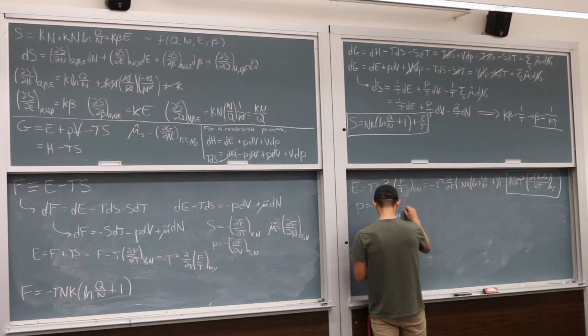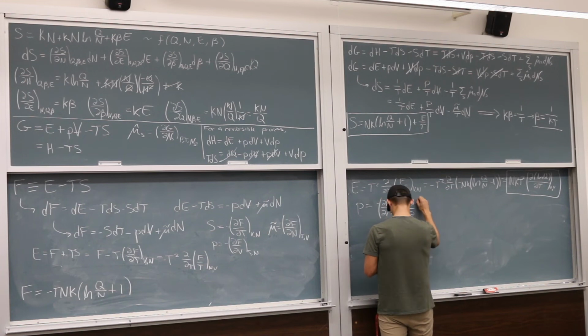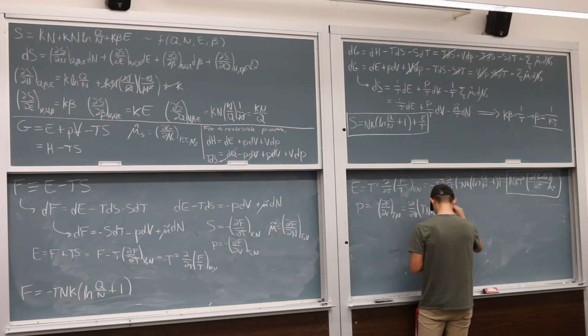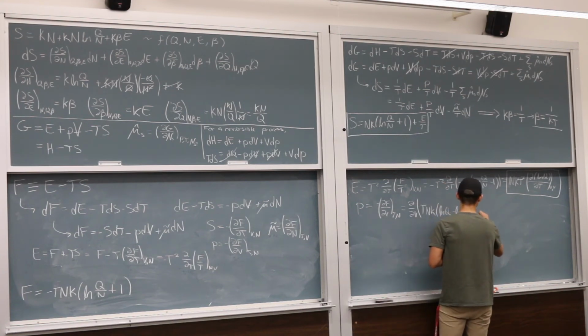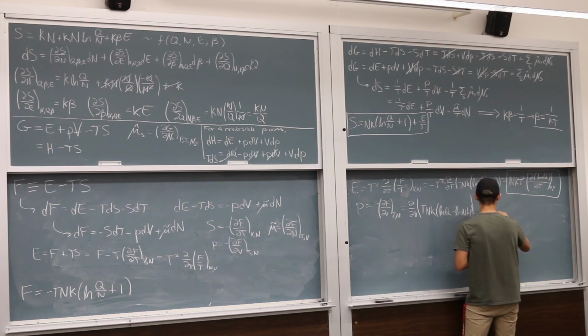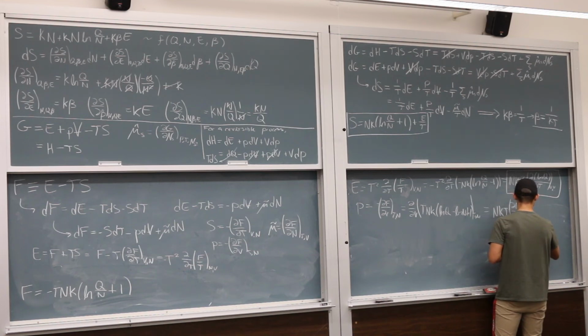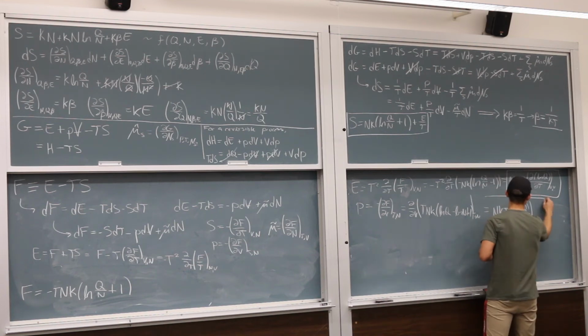That is just equal to d/dV of T N K times natural log of Q minus natural log of N plus 1, holding T constant. This is just equal to N K T times the derivative of natural log of Q with respect to the volume, holding T constant.